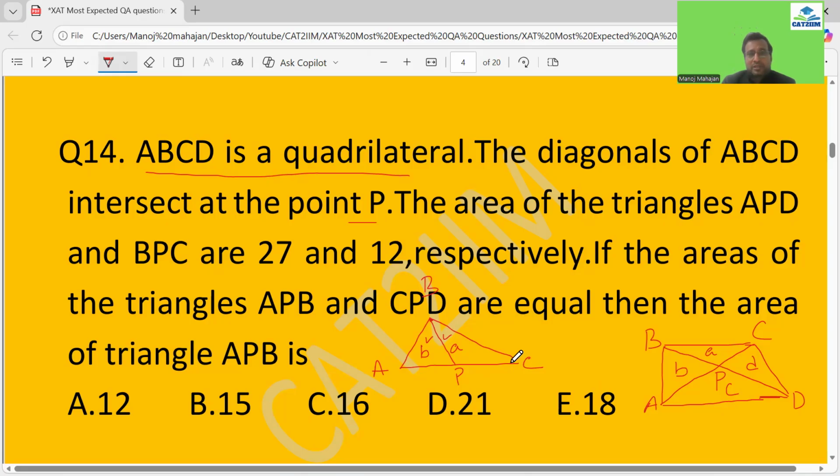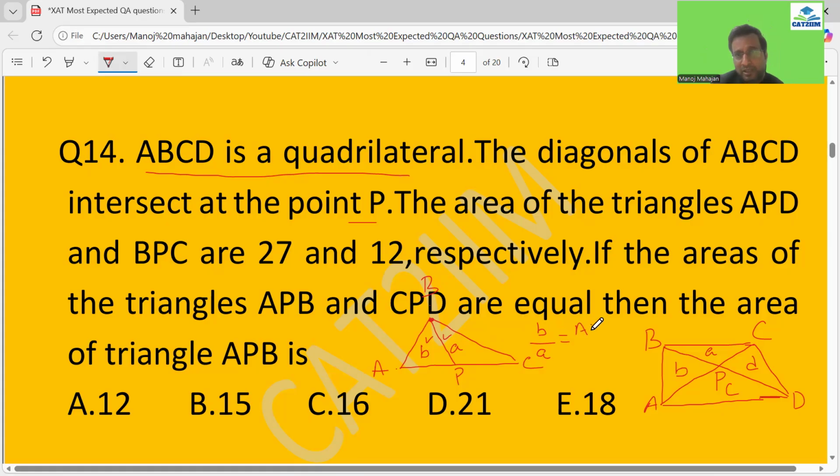If you drop the perpendicular from point B, that height would be the same for both triangles ABP and BPC. The area is half base into height, so the area of triangle ABP and triangle BPC would be in the same ratio as the base, because the height is the same.